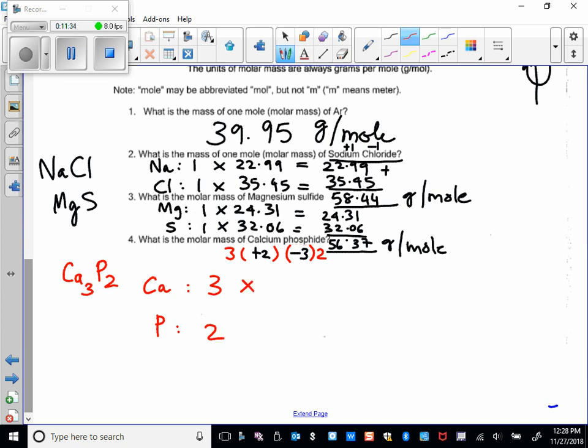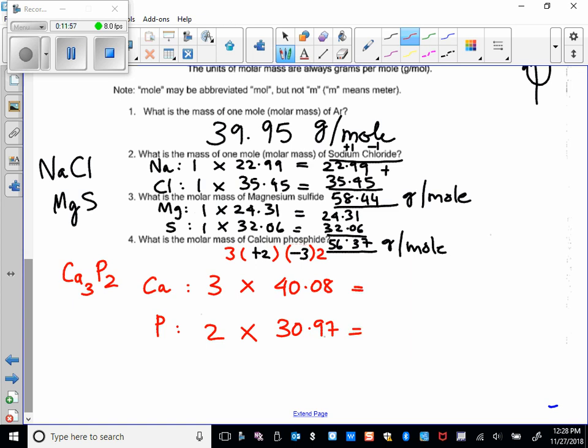Multiply by mass. What is the mass of calcium off of the periodic table? 40.08. What is the mass of phosphorus off of the periodic table? 30.97.